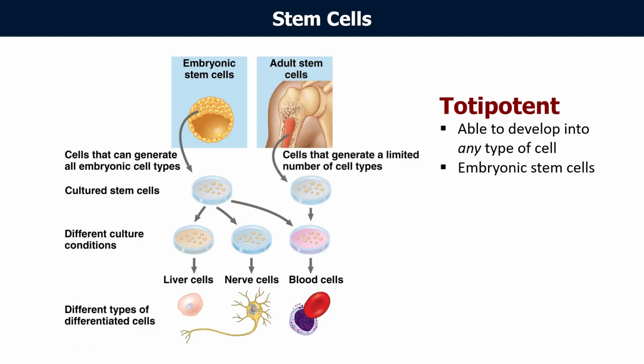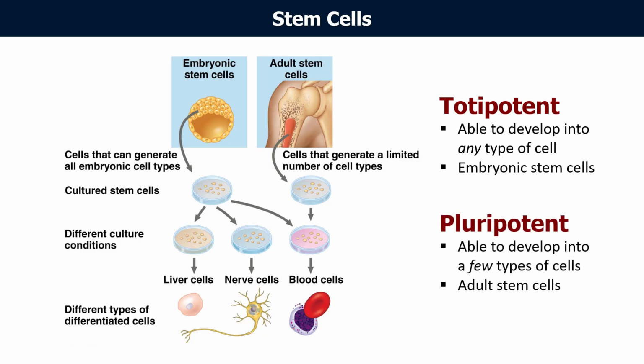We can find those, for example, in bone marrow, and they can become a few types of cell types. Adult stem cells cannot become just any kind of cell. They're kind of limited into the range they can become. And the word for that is pluripotent. There are many, pluri like the word plural, so there are multiple types of cells that they can develop or differentiate into. So that's the difference between embryonic and adult stem cells.